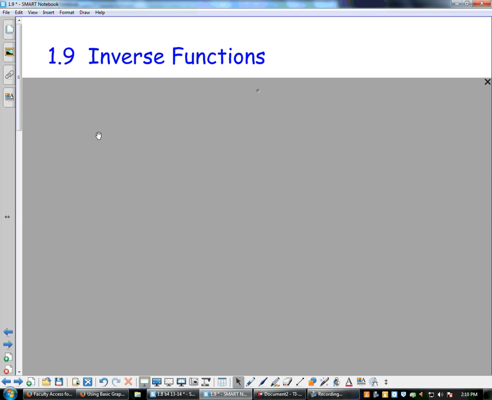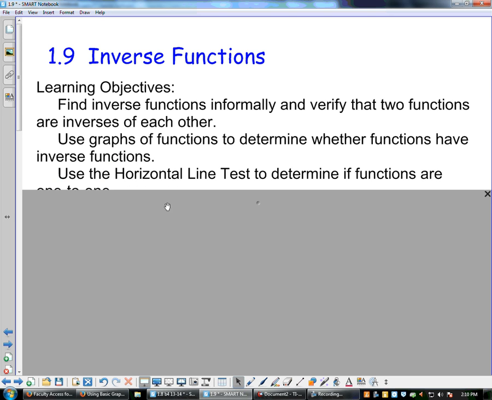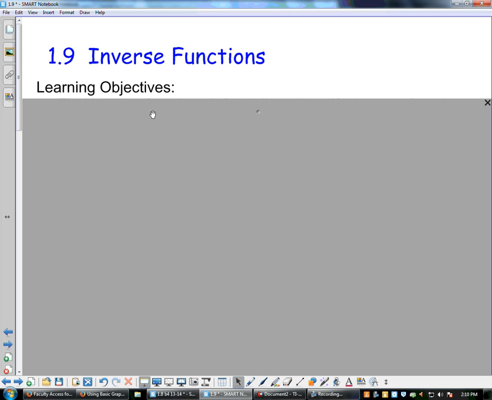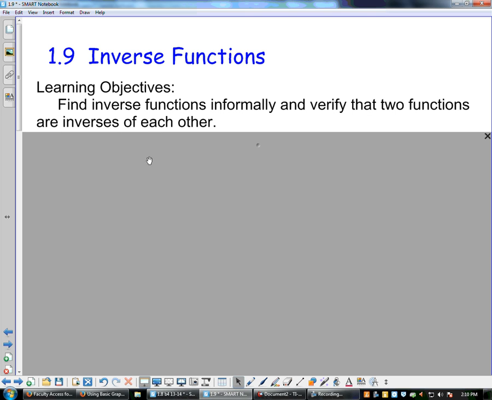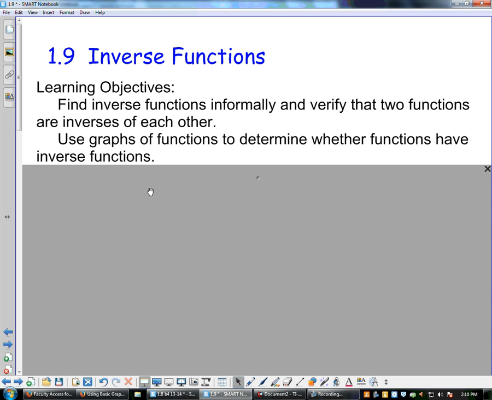Okay. All right, so we're looking at section 1.9, which is on inverse functions, the learning objectives. You do not need to write these down, just look and listen. You need to be able to find inverse functions informally and verify that two functions are inverses of each other. You need to use graphs of functions to determine whether functions have an inverse.